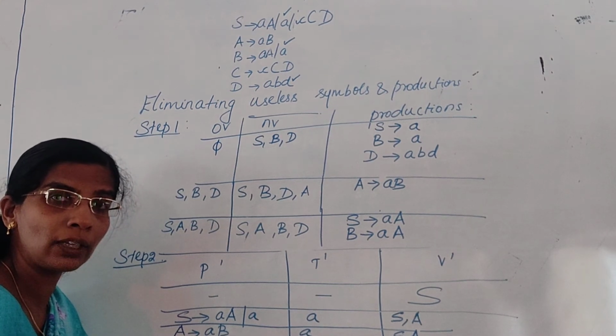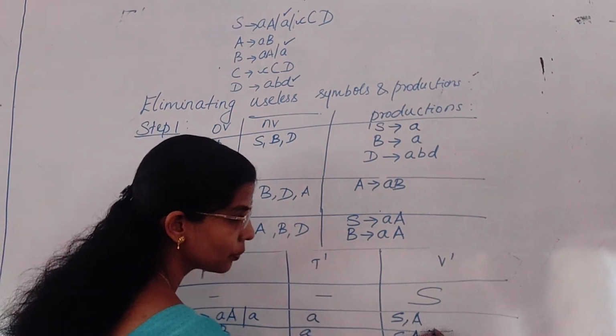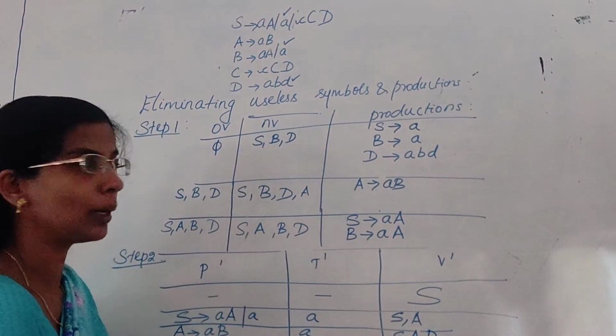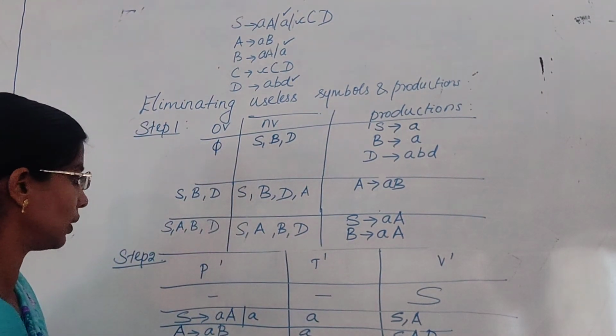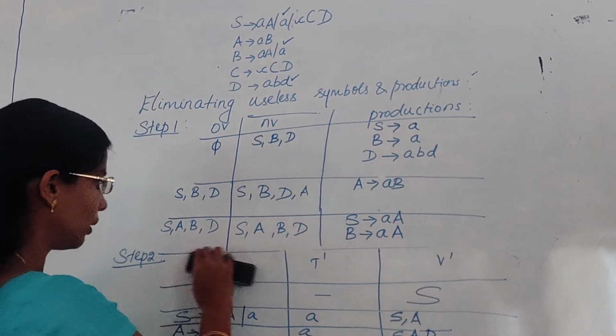Am I having any new variable? Yes, I have a new variable B. Now write the B production. Write down. I will draw one. Right.